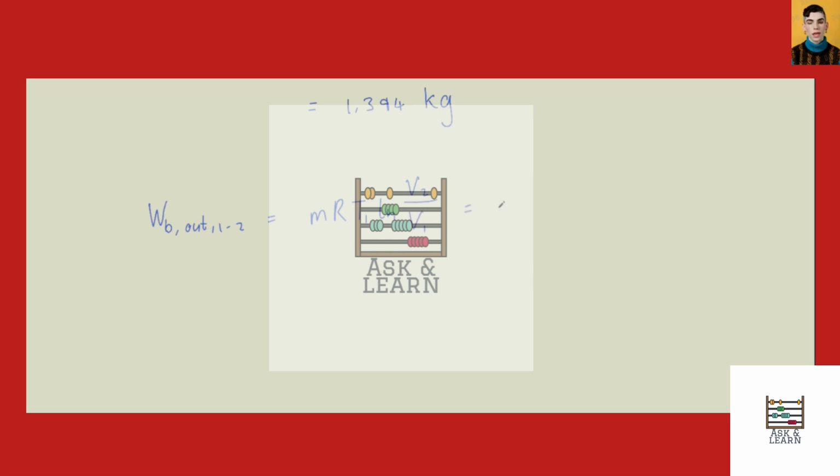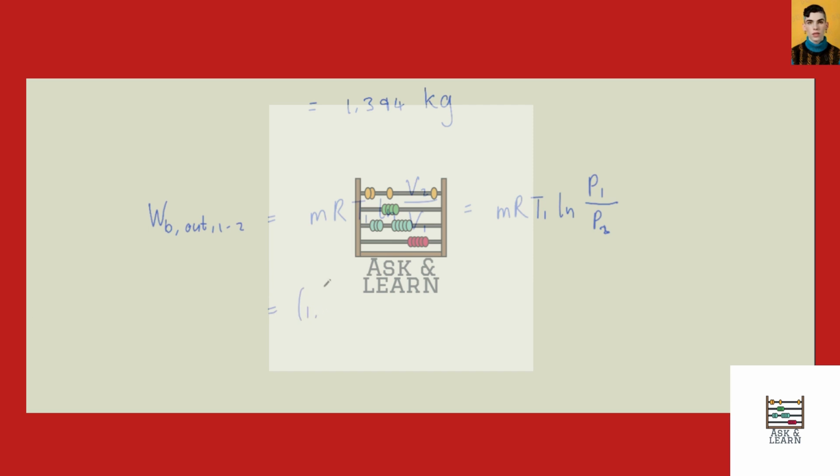And this is also equal to m R T1 times the natural log of the pressure of state 1 over the pressure in state 2. So we can see that V2 over V1 is equal to P1 over P2. And this is true for any isothermal process.